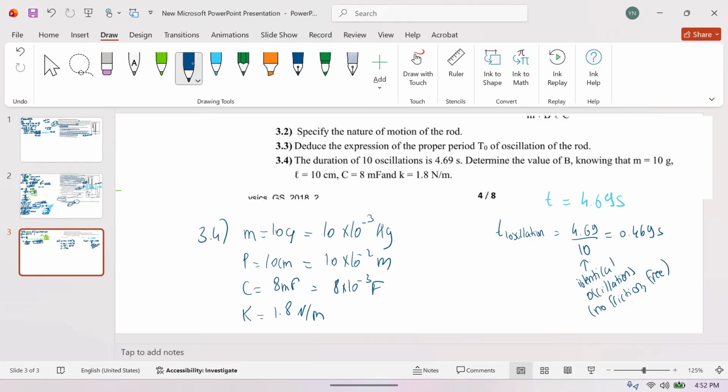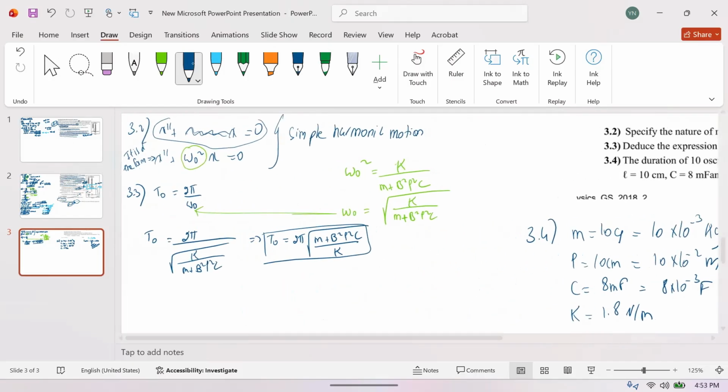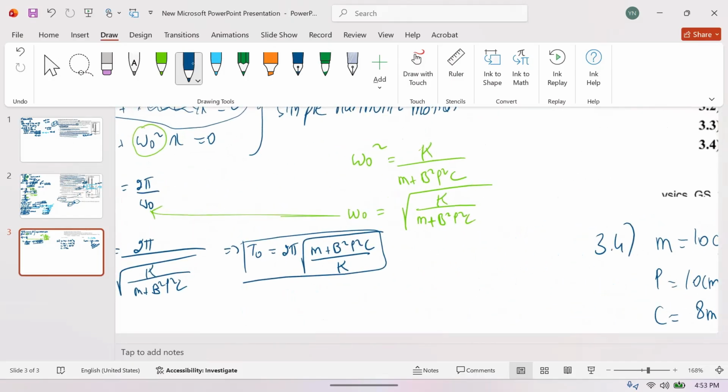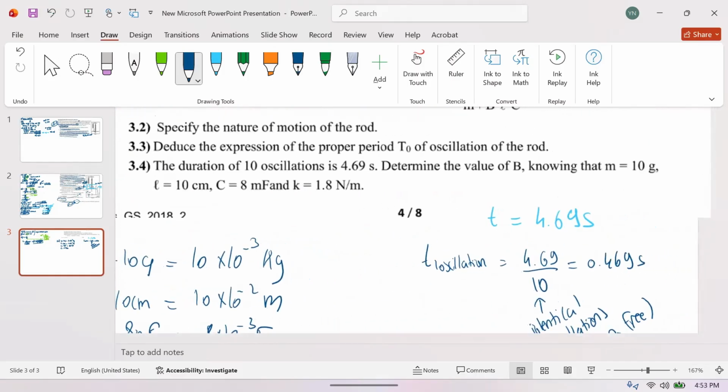Now, they give you all of these values because this is the value of the period that we got and the omega 0 that we got. T0 is a function of M that they gave you. B, they're asking for it, so I will keep a question mark on B. They give you L, C, and K. Okay, so you're left in this formula with T0 and B. Now, T0 is something that I already expressed when I read the idea of the oscillations.